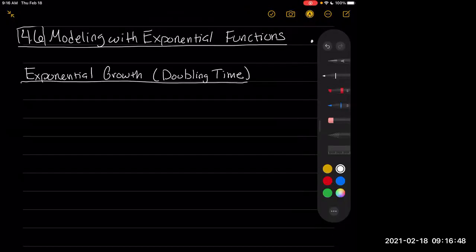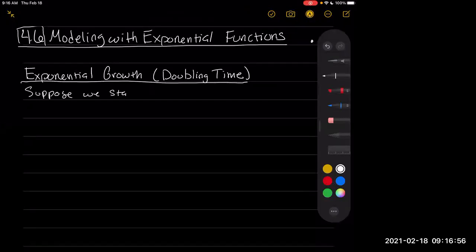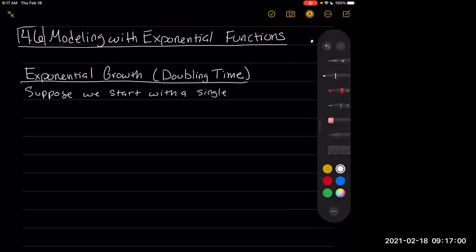This idea comes from biology. Suppose we start with a single bacterium, which divides every hour.